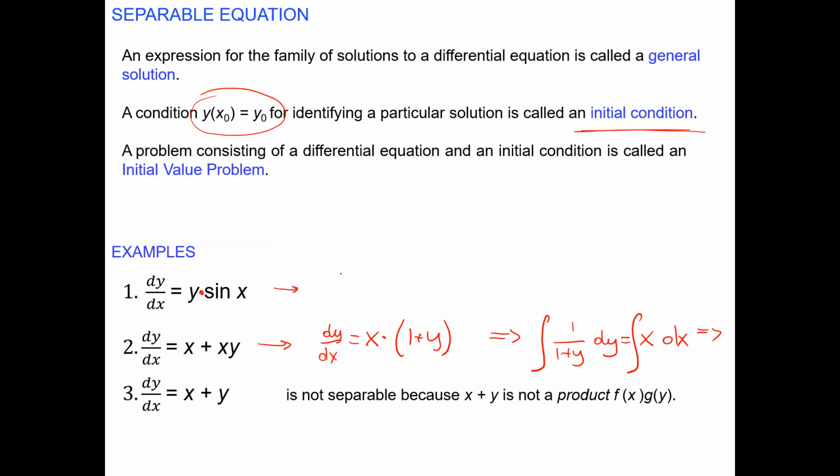And the same for this one. I can divide by y, keep dy, keep sine of x on the right-hand side and move the dx. And we will integrate both sides. Okay, those are actually nice equations. However, number 3, we see x plus y.